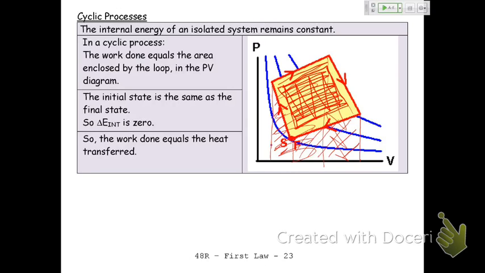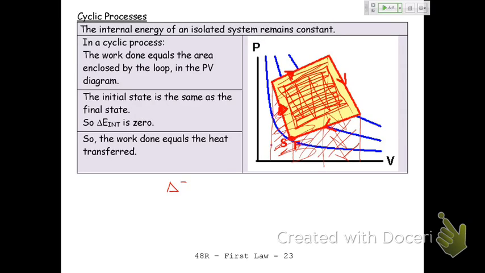So in effect, we got work out of our system. Where did it come from? Well, we had to heat to cause this change, and we had to heat to cause that change. So we have heat being done.